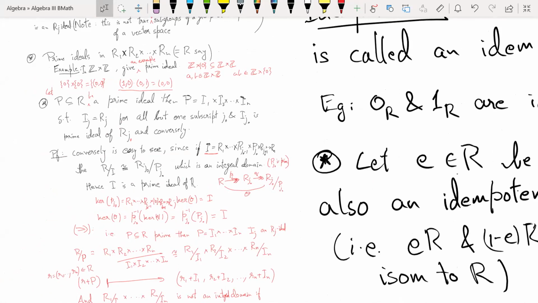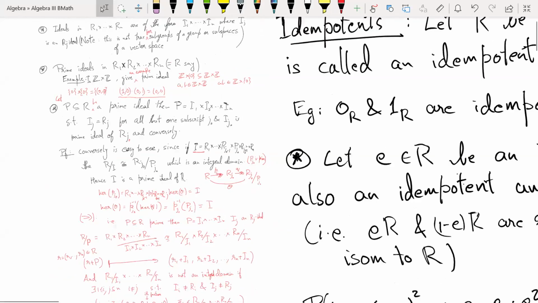If you want to analyze this example Z cross Z, the prime ideals of this are precisely Z cross 0 or Z cross some pZ, or it is 0 cross Z or pZ cross Z. Okay, so these are all the prime ideals in Z cross Z. So it's easy to understand what prime ideals are, as long as you know all prime ideals of each of these rings, then you know the prime ideals of the product. Okay. Any questions before we move on?